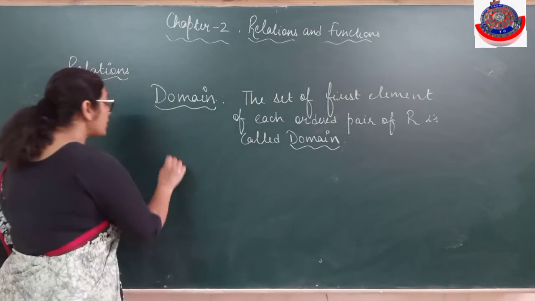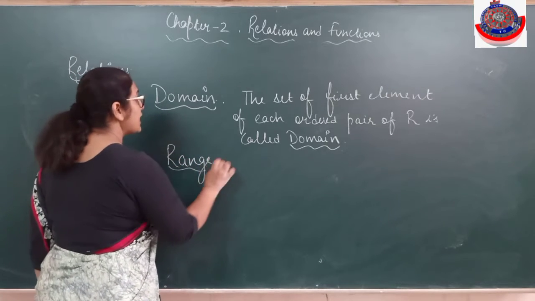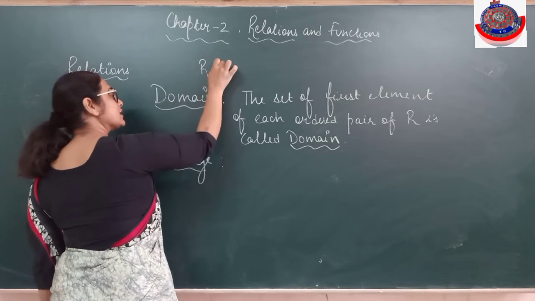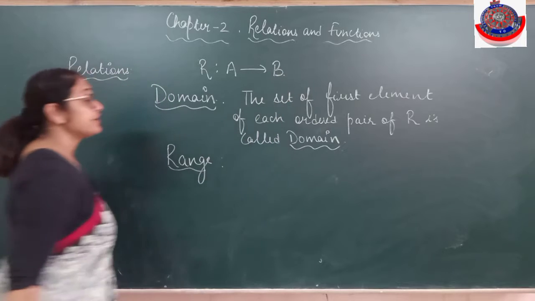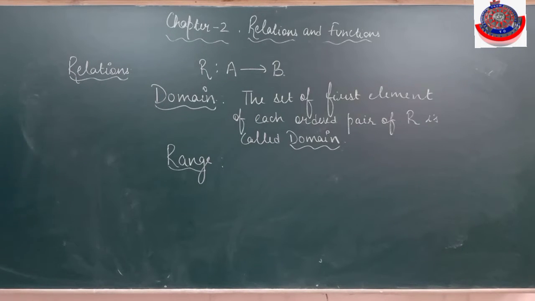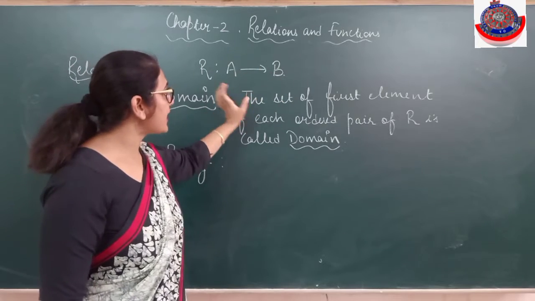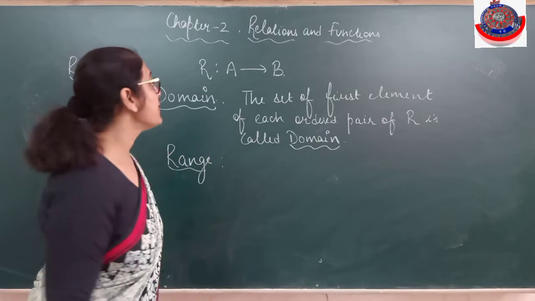Then we have the word range. I'm talking about a relation from set A to B. हमेशा relation to be written like this: R colon A arrow B. That means the relation is defined from set A to B. तो ordered pairs जो आएंगे उसका first element, the set of the first elements is called domain.